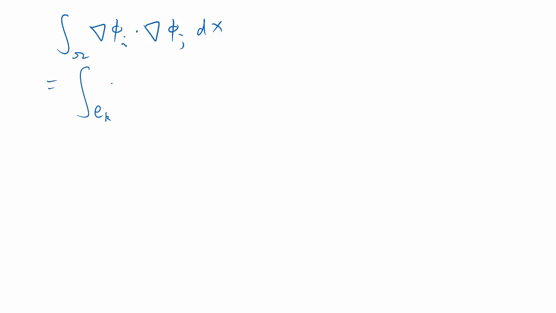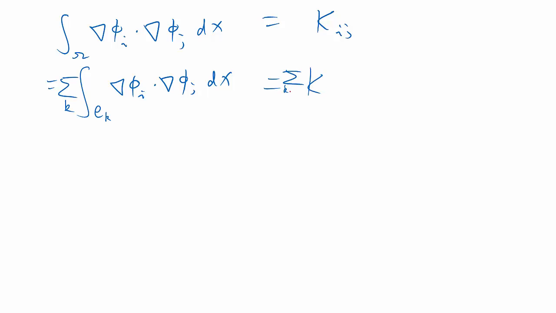Let's say k is the element index: grad phi i, grad phi j dx. So if this is the matrix Kij, this is the summation over k of K_ij^k. K_ij^k is the contribution of element k, or triangle k, to the entire matrix.